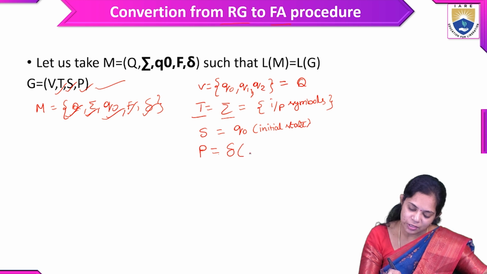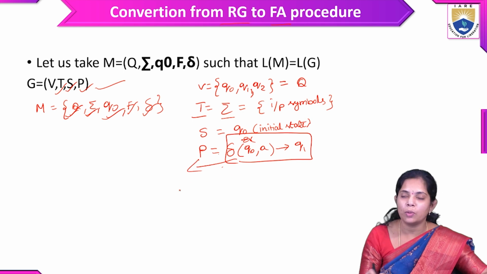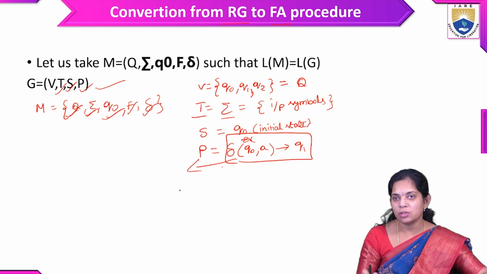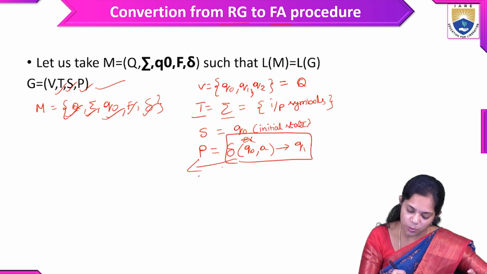Suppose the transition function is Q0 comma A, with A as an input, going to the next state Q1. This is the transition function, which is formed as a production. How to convert these transition functions to productions? We take the production starting with S, which is a combination of terminal and non-terminal.